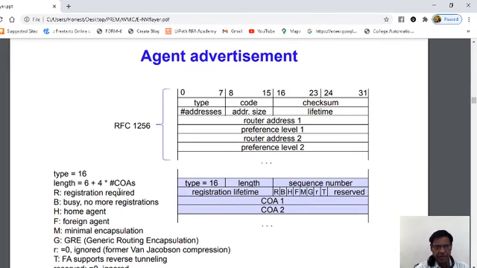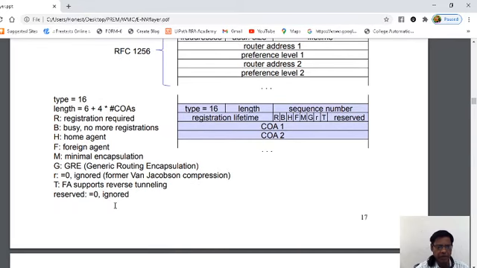You can see the flags here: R is for registration required, B is for busy, H is for home agent, F is for foreign agent, M is for minimal encapsulation, and G is for GRE, generic routing encapsulation.